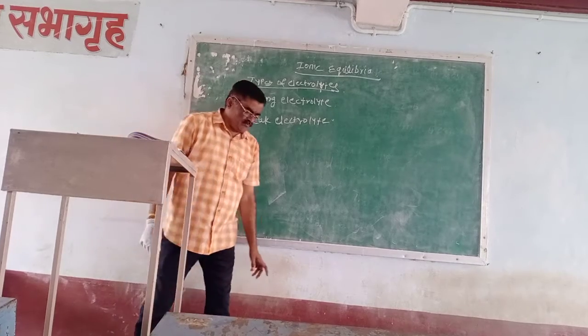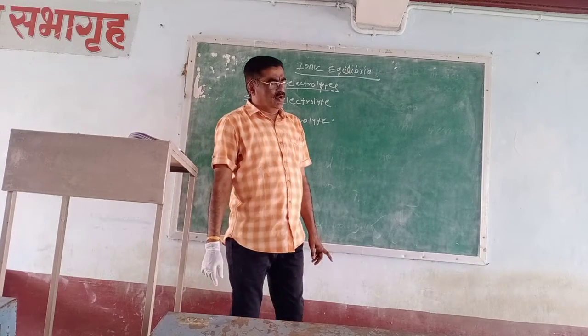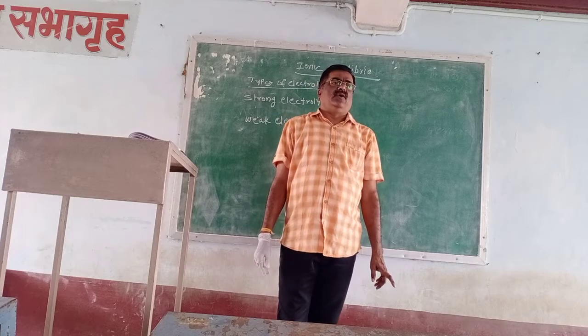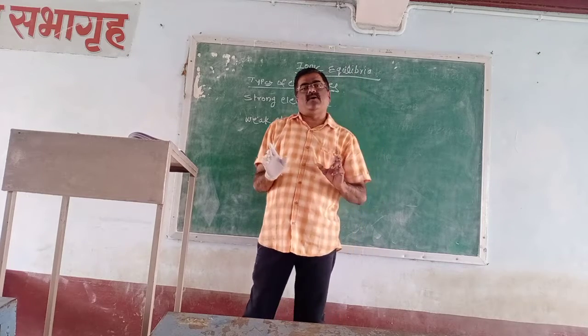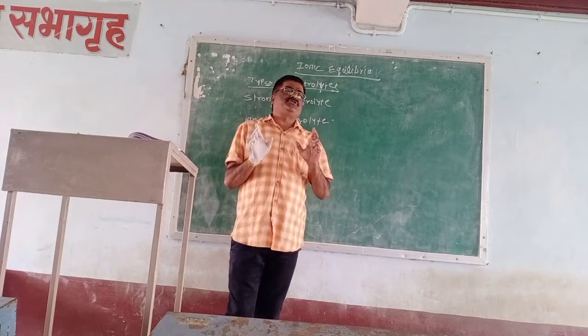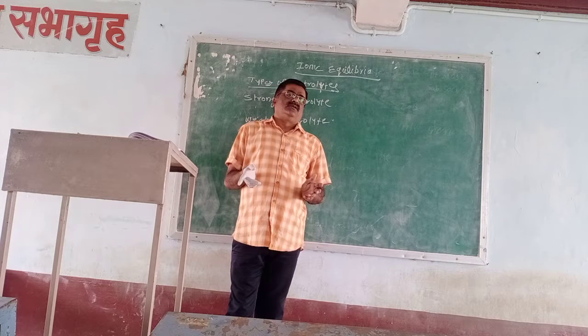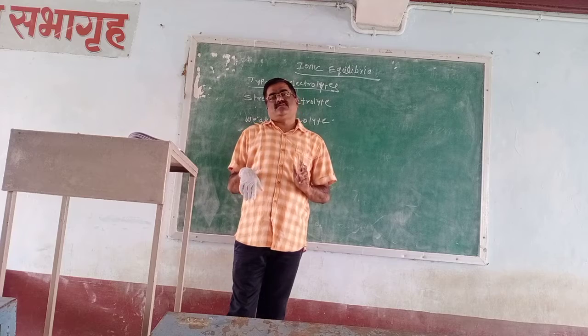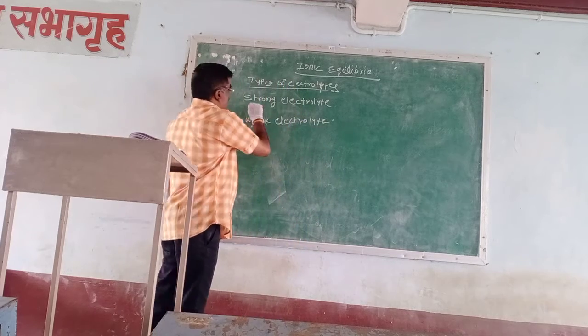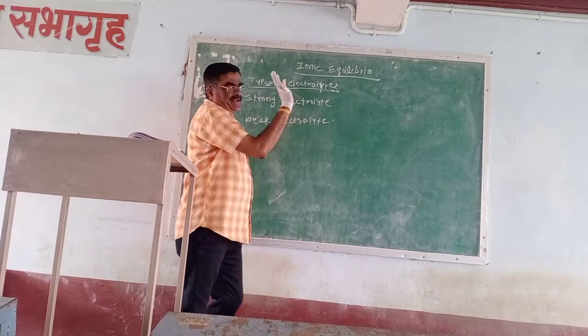That is, when a molecule is dissolved into the water, at that time how much extent of the ionization is taking place. Depending on that, the electrolytes are classified into the two classes, that is the strong electrolyte and the weak electrolyte.